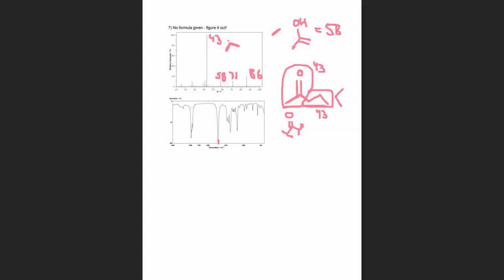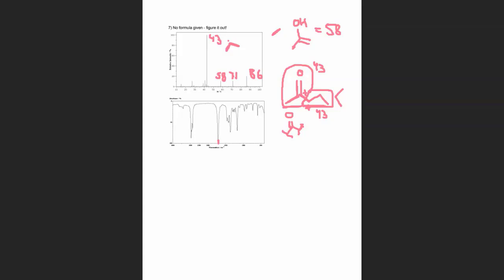We would still get a 43. You could either get a carbocation on the left side or a carbocation on the right side. And so either way, you'll still get a 43. Okay. So, did I answer your question? I think so. Other questions?